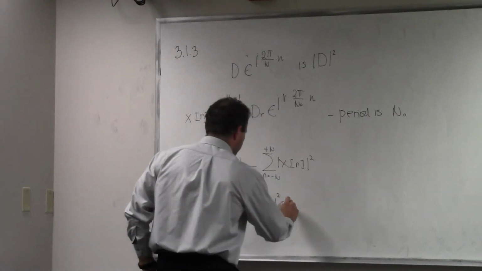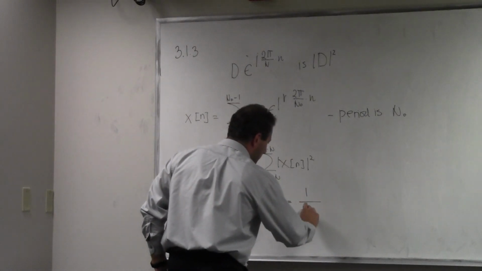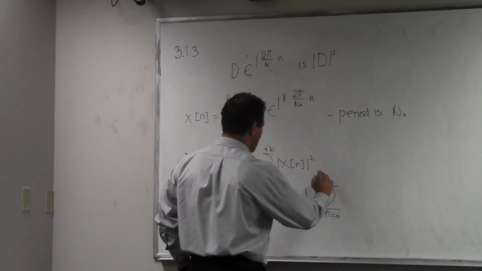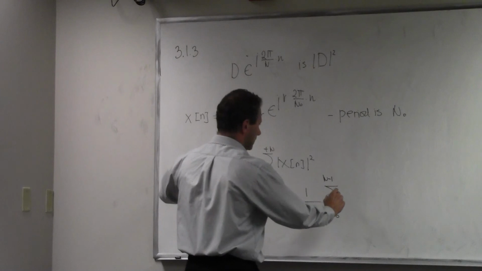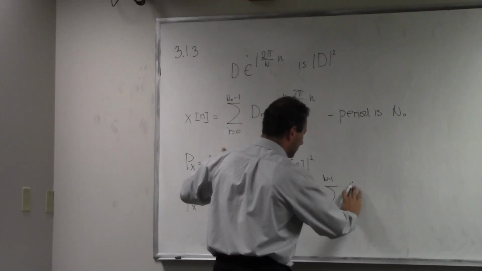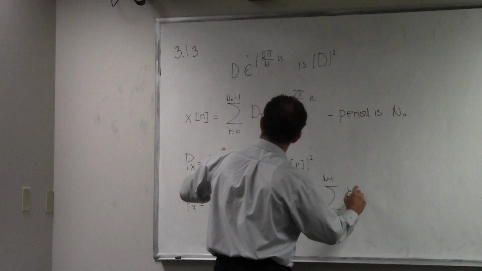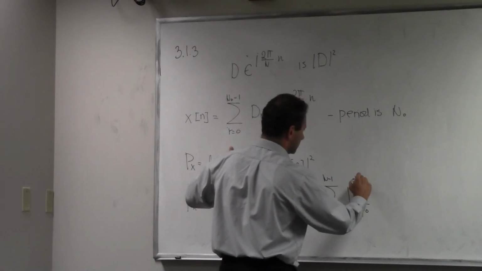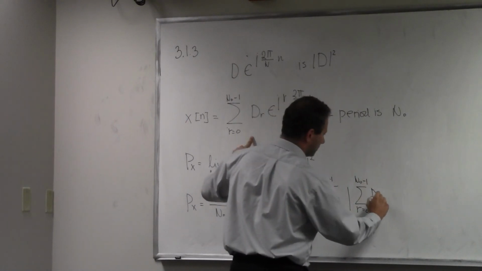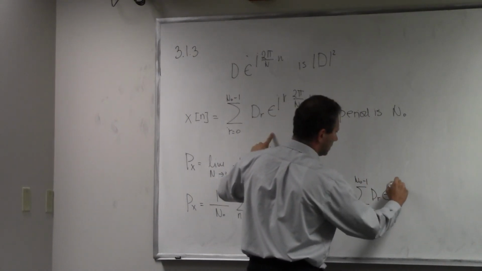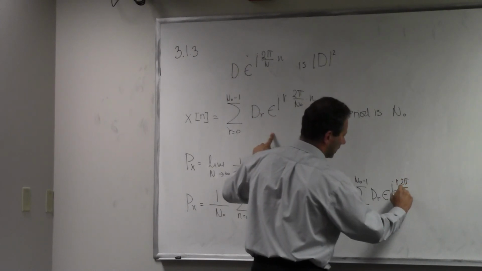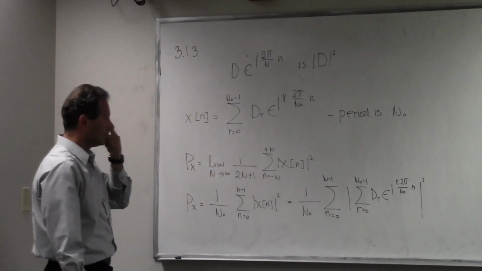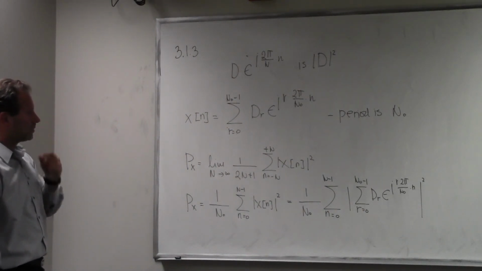This becomes 1 over N0 times the sum, n from 0 to N0 minus 1, of the magnitude of the sum, r from 0 to N0 minus 1, of d_r e to the j r 2 pi over N0 times n, squared. Okay? So that's what I need to evaluate.